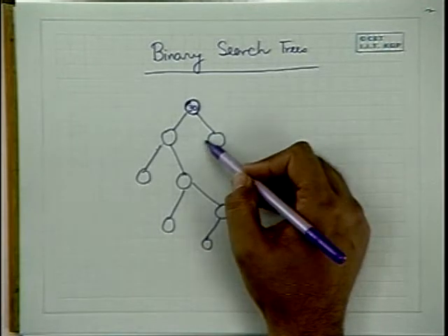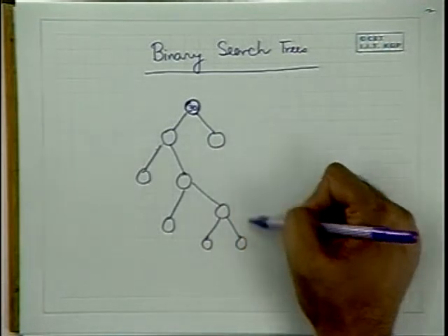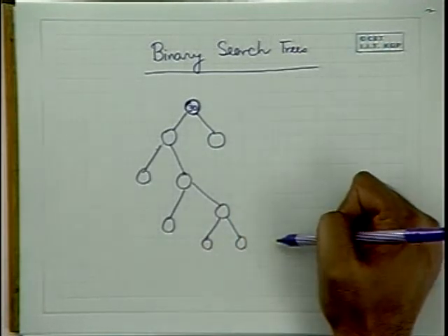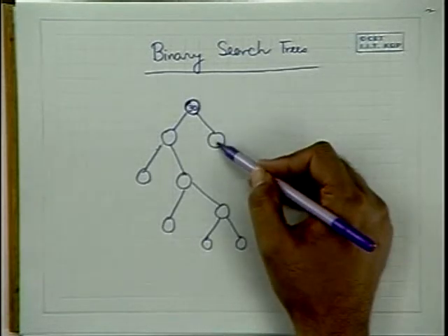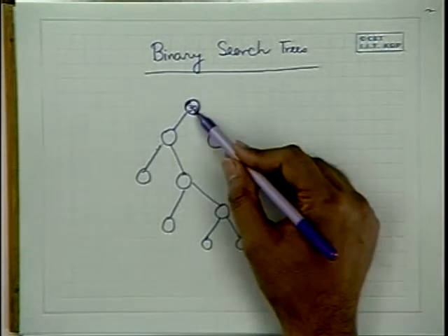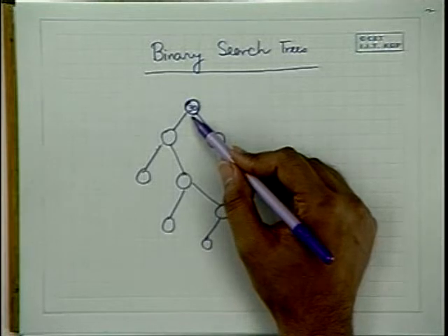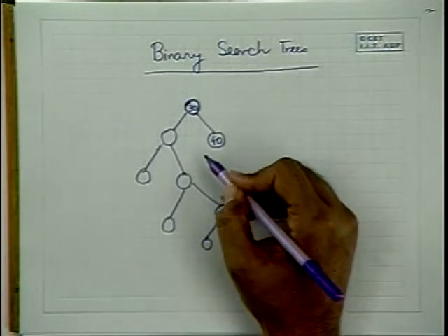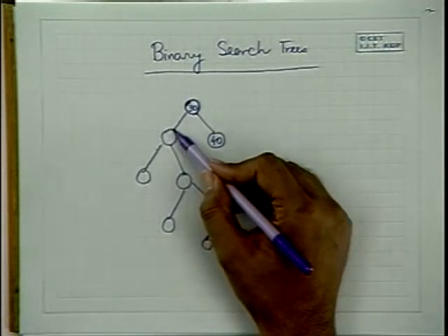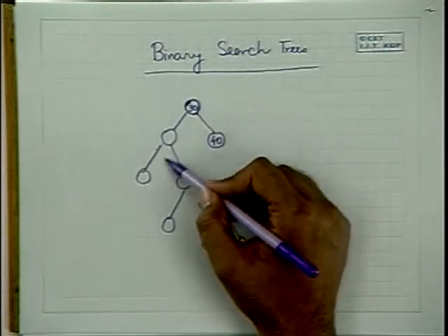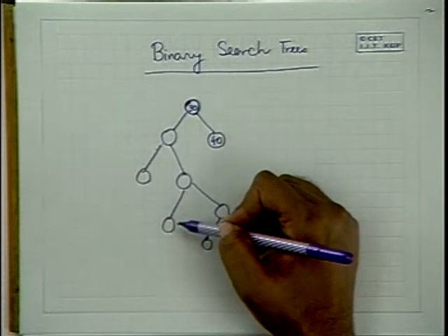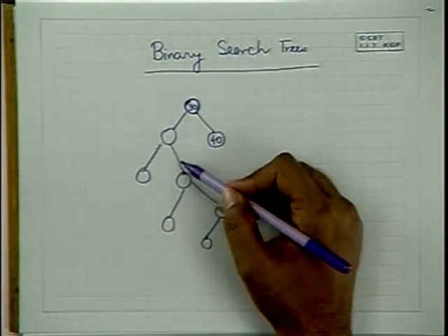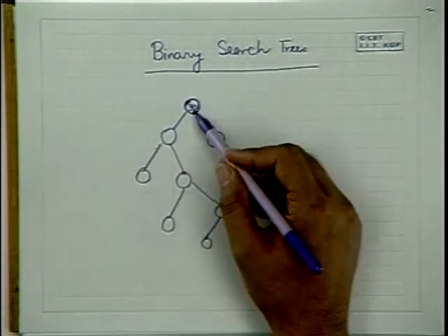All the key values in the right child and its subtree will be greater than the key value kept in the node. So I can put here, say, 40. Similarly, all the key values in the left child and its subtree will be less than 30.